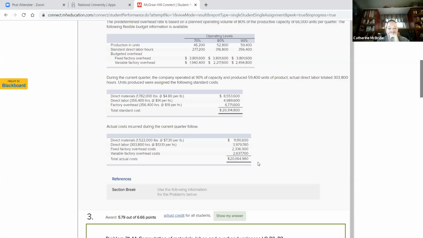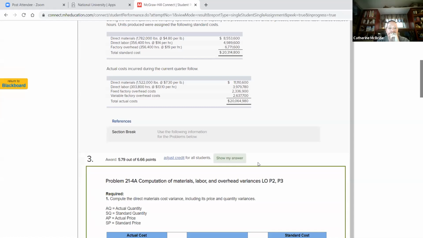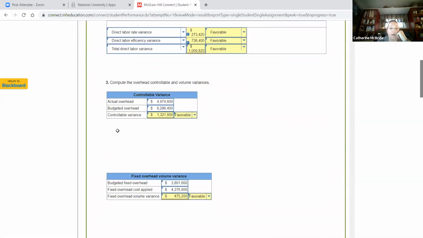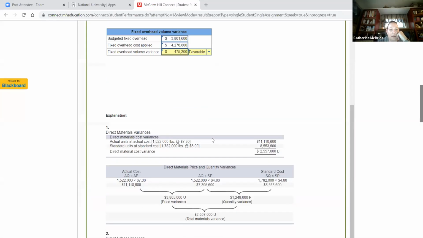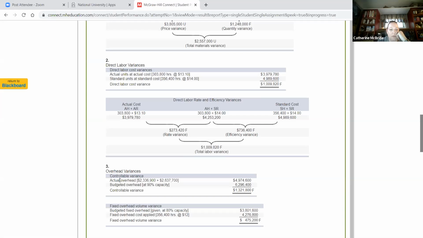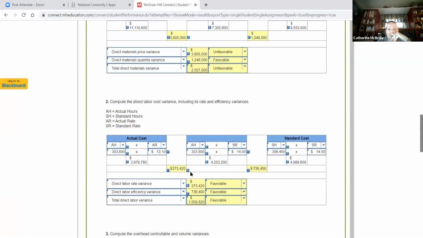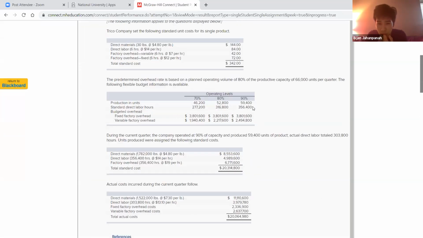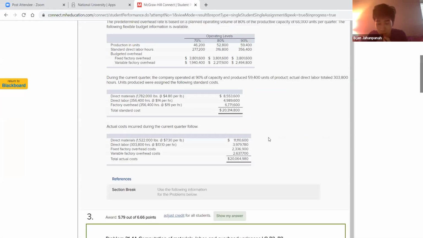Okay. So you're given, wait. Actual plus budgeted. The budget should be these two added together. That's what I thought, but it wasn't giving me that.